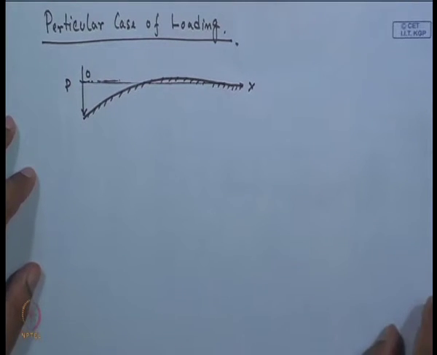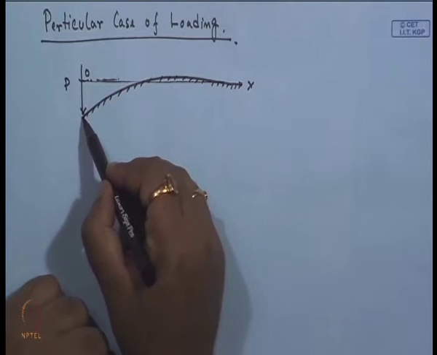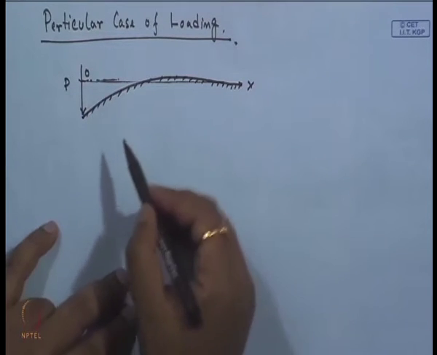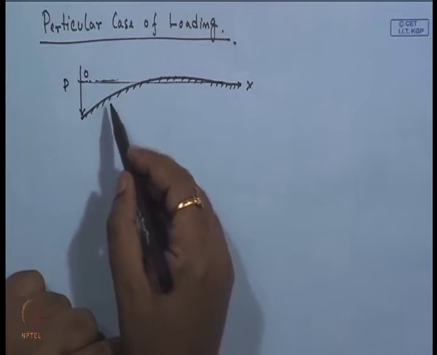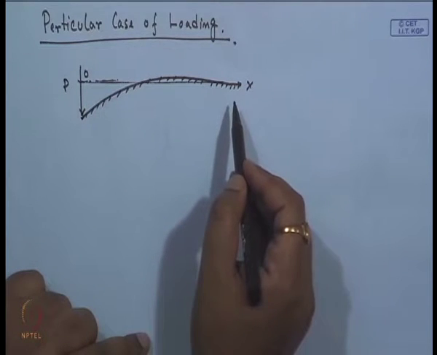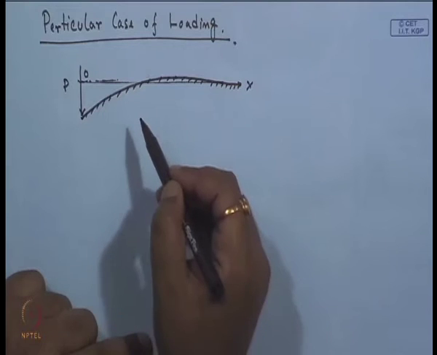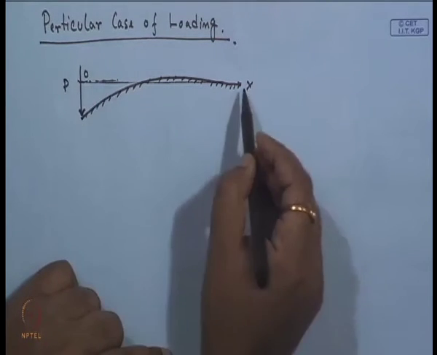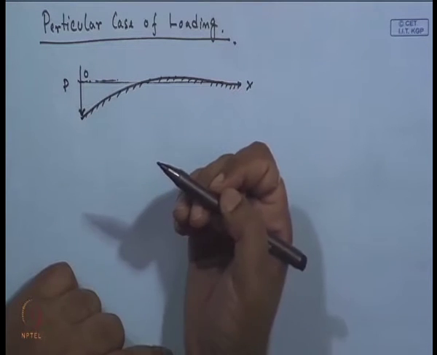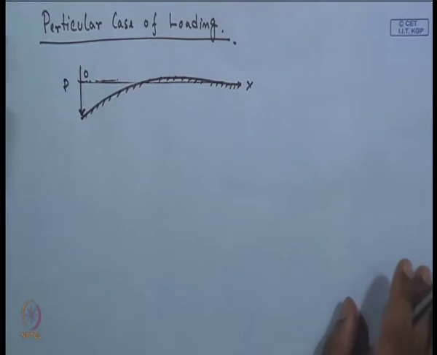This is the condition of case 1. Now, we have to determine the slope, bending moment, shear force and the deformation of this beam. From this loading condition you can see that this is a free end semi infinite beam condition.